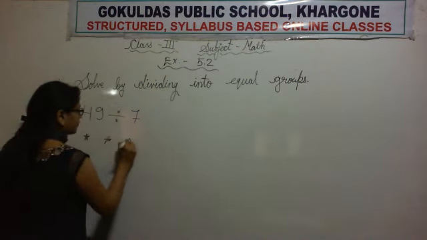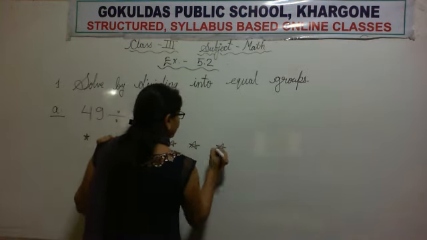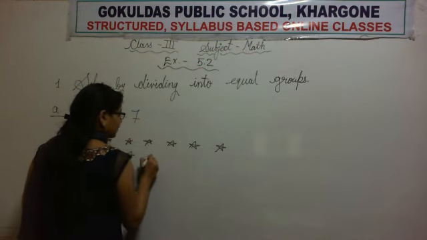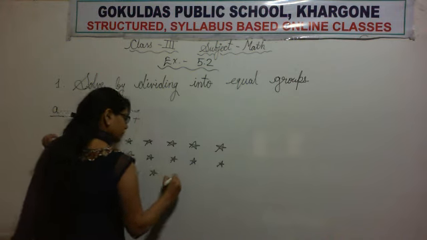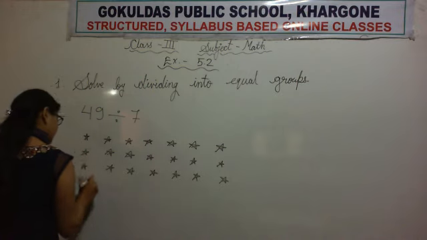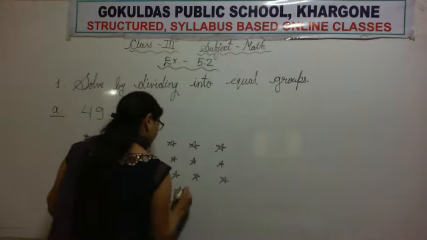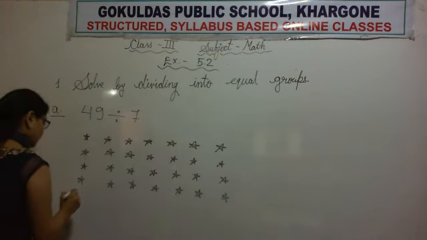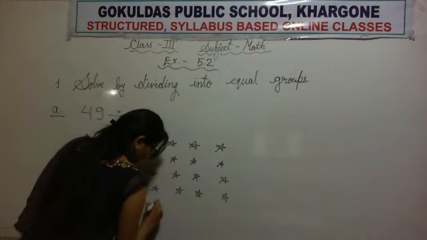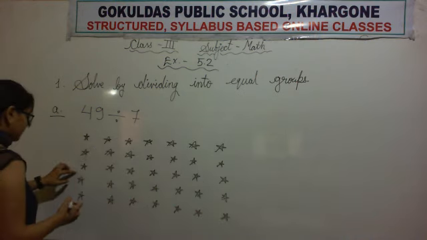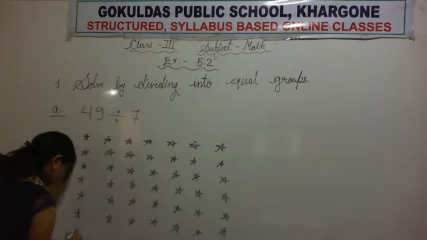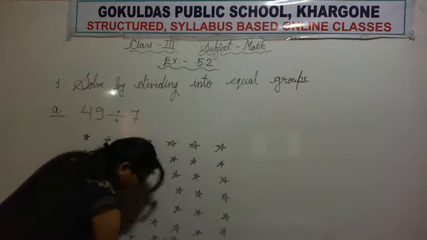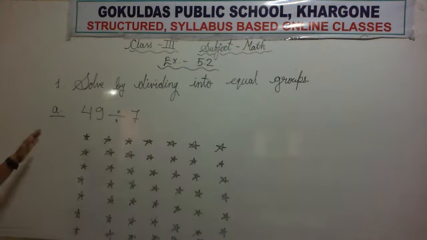Let me draw first. There are these 49 stars. Now we need to divide these stars into 7 groups.